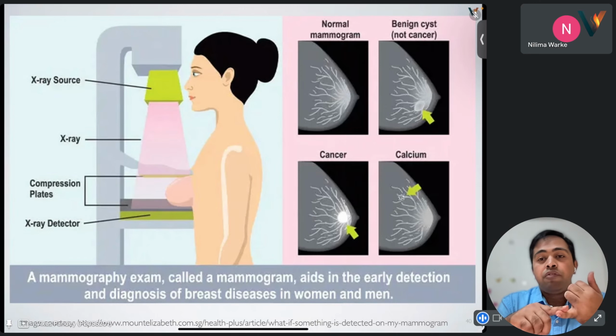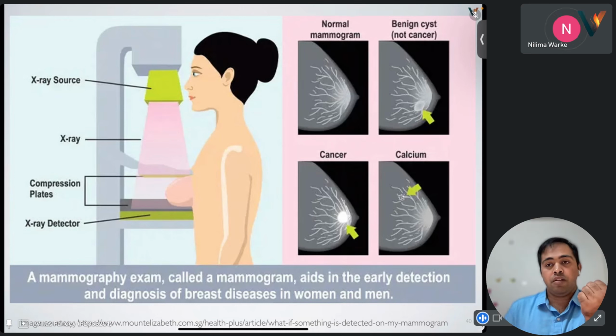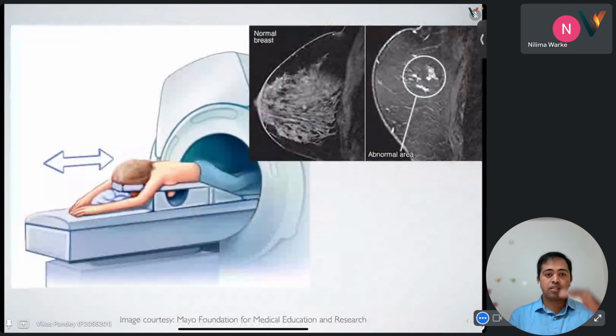So to confirm whatever has been seen in the mammogram, MRI can be done. But not a normal MRI, an MRI similar to mammogram, where the tissue is pressed and then MRI is done.